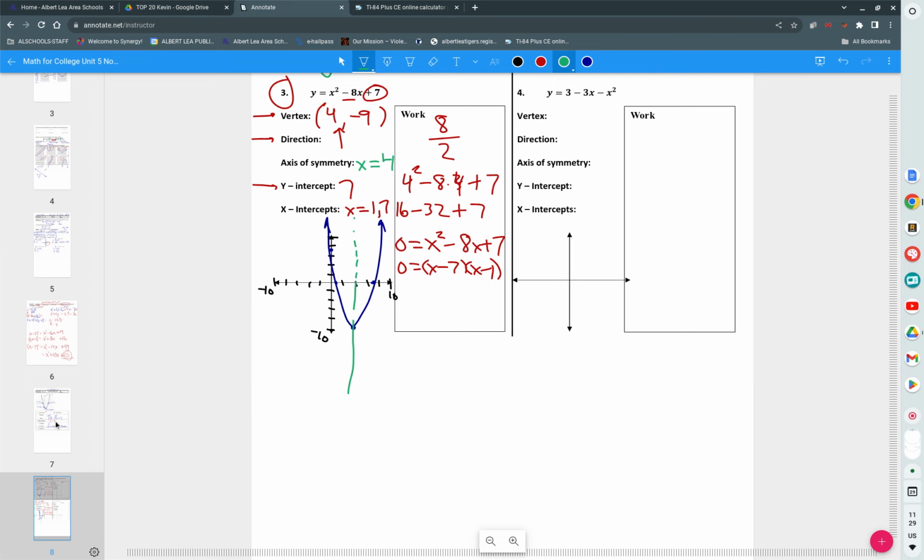Negative 2 squared is positive 4, because negative times negative is always positive. So 4 times negative 2 is negative 8. We got 2 negatives, so it's plus 8.